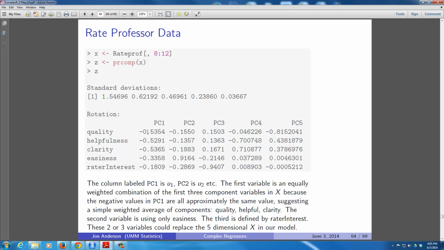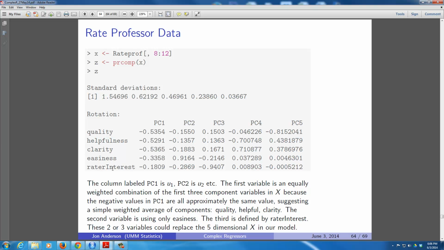If we go ahead and take a look at U1, we can see the multipliers for the quality, helpfulness, clarity, easiness, and rate or interest. What you're supposed to observe is that the first 3 components are all about the same size. It doesn't matter that they're negative, but they're about the same size, and they're treating quality and helpfulness and clarity in a kind of combination summary variable.